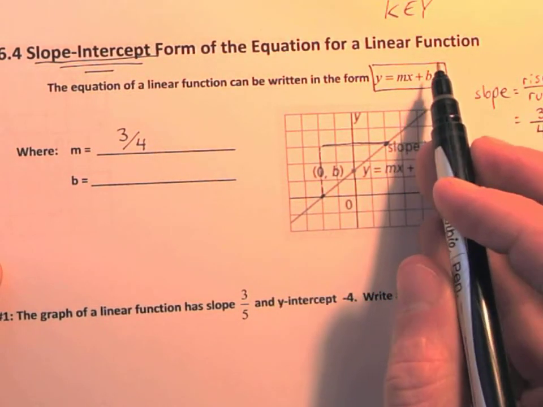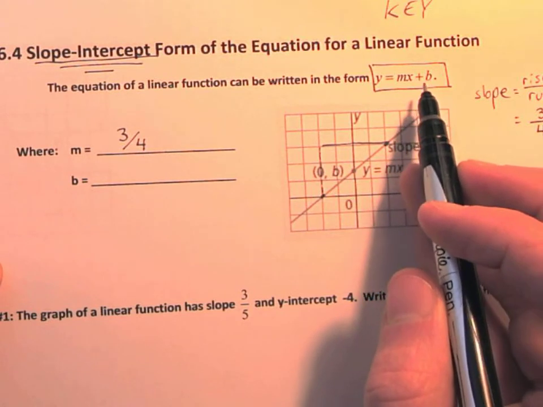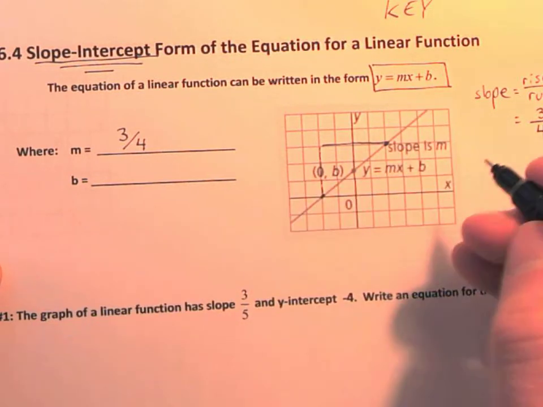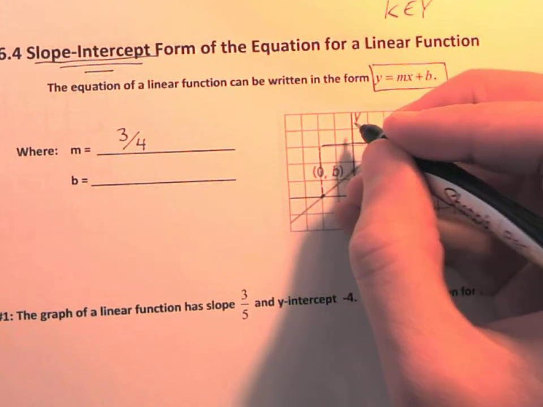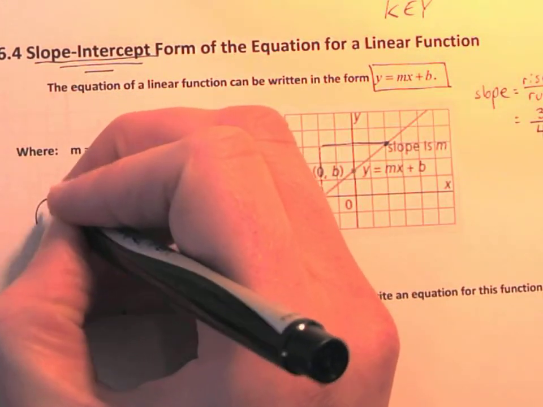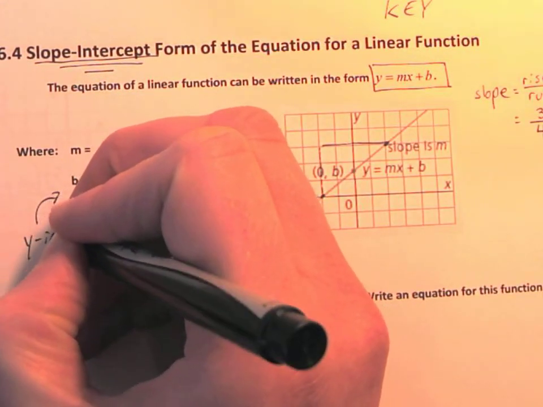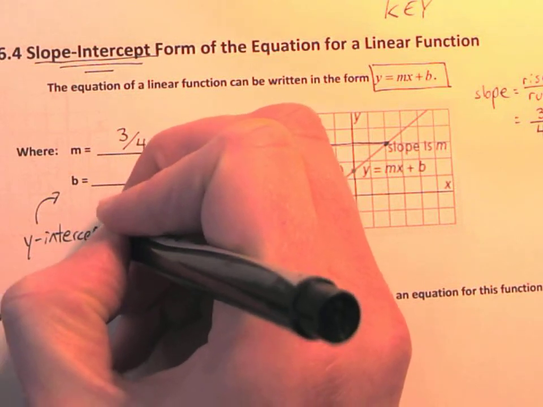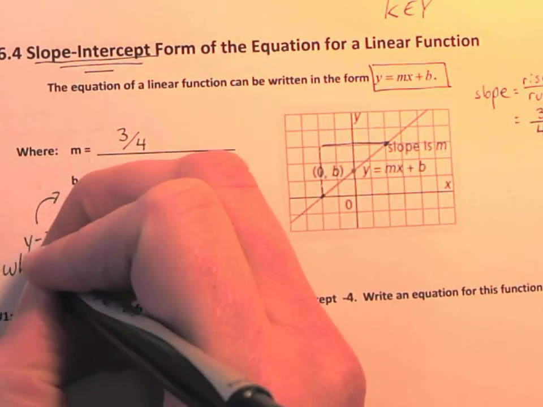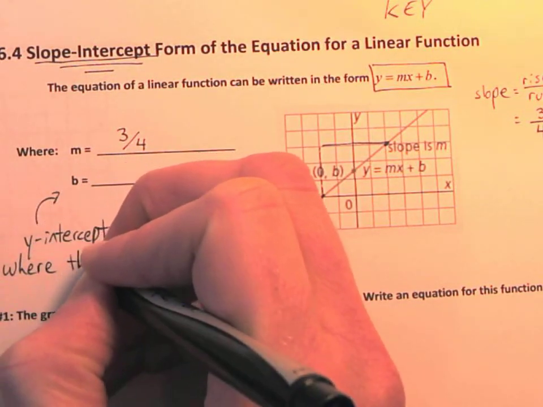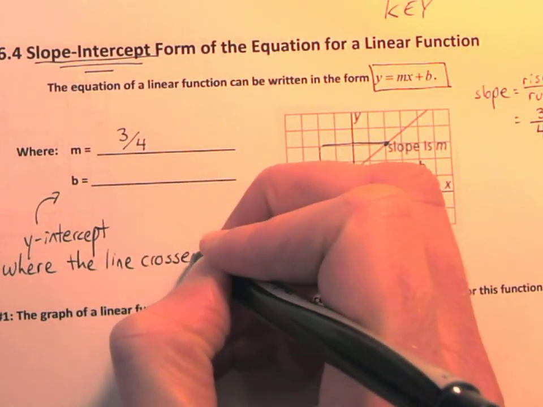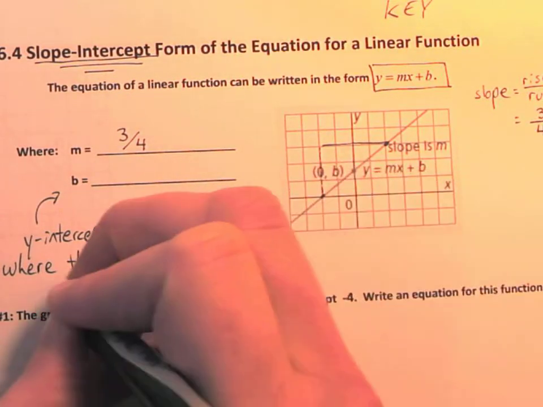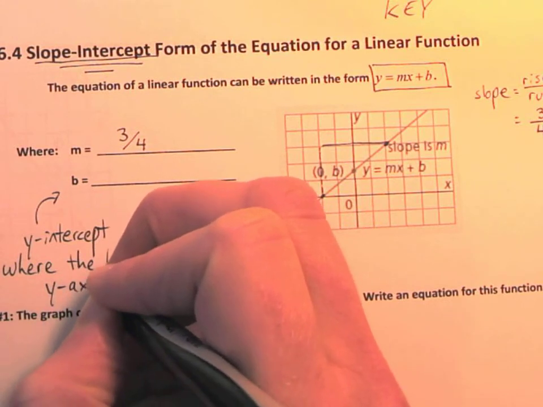Okay, what does that b value mean then? Well, this is the other important piece: the b value denotes the y-intercept.